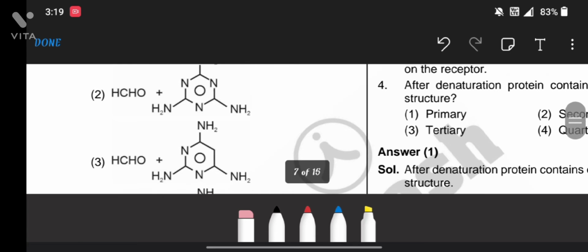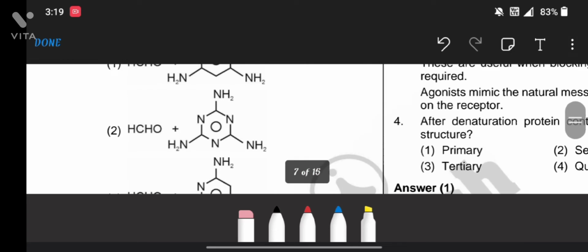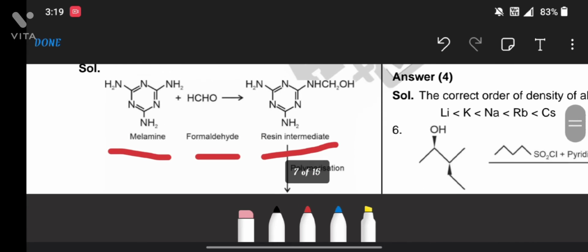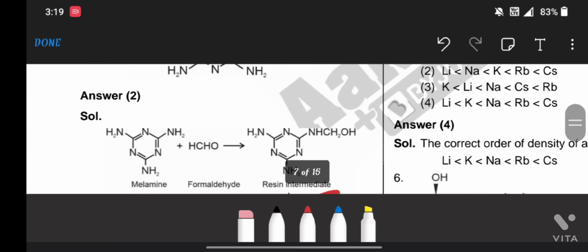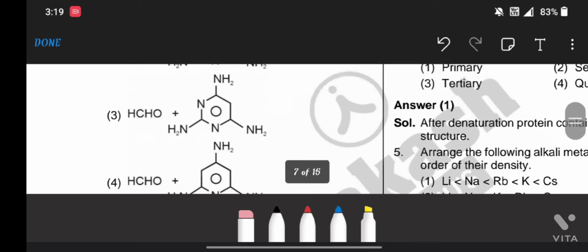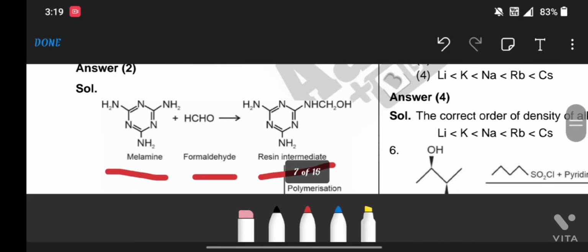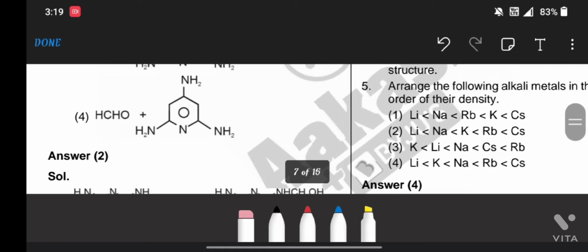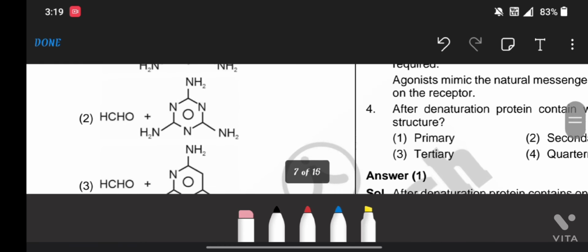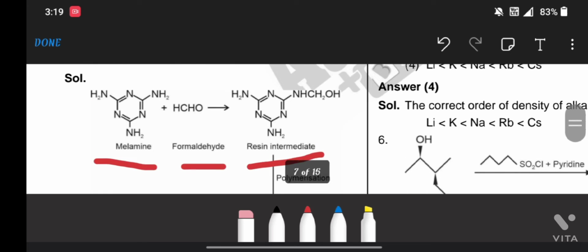If you see, option B is correct because of the NH2 here, and the N on both sides, and NH2 on the benzene ring. So option B is the correct answer for question number 1.